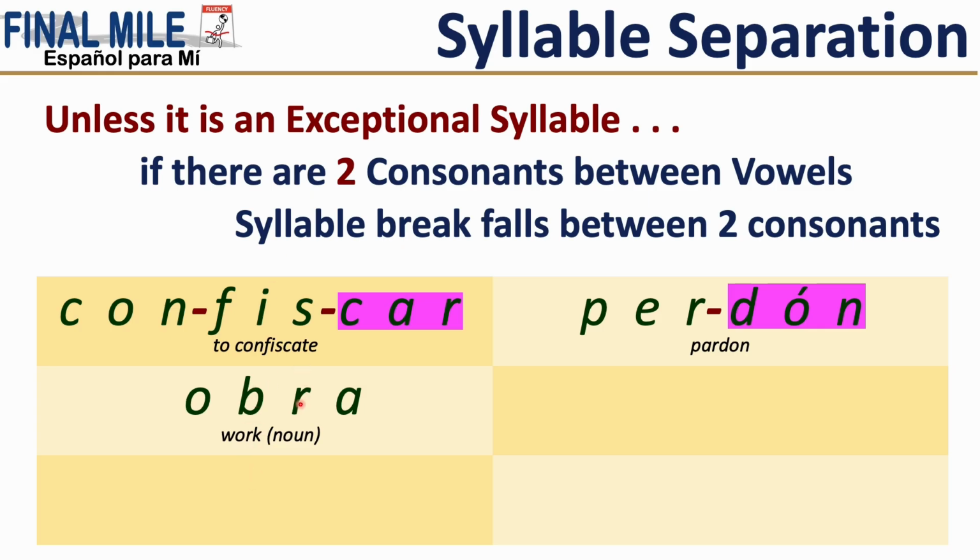Yes, they are. So we cannot put the break here. That's where this, unless it is an exceptional syllable, comes in. So, because we cannot separate these two, the break is going to be right here. Okay, so let's put it there. Pronunciation emphasis rules puts the emphasis right there. And we say, closed O, obra.